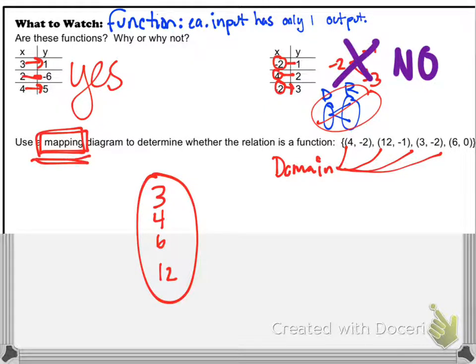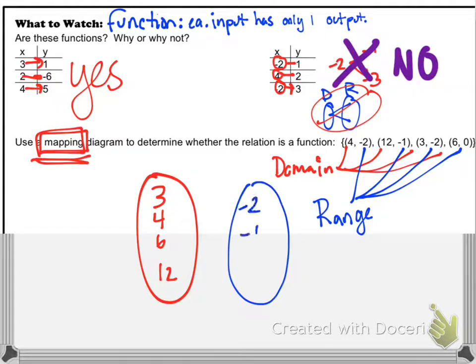Mapping is one of the easiest ways to see what is a function or not. So the domain values are all the x values, and I list them in descending order, even though they're not the order that the points were written in. The range values are all the y's, or all the outputs. So then that is what all those numbers get mapped to.